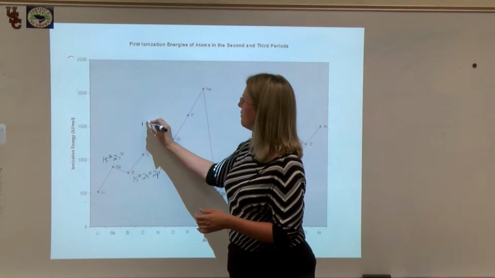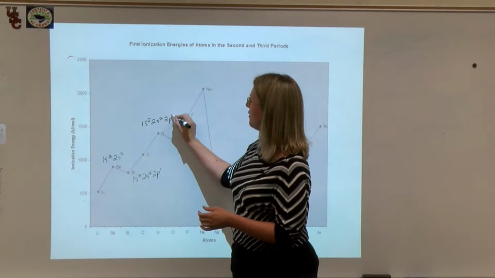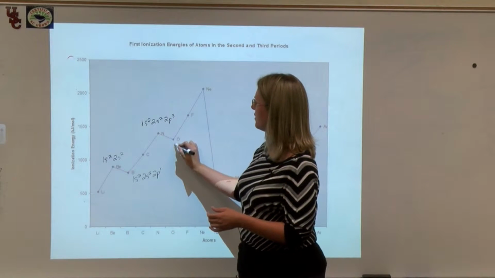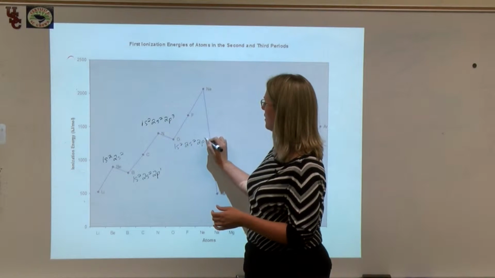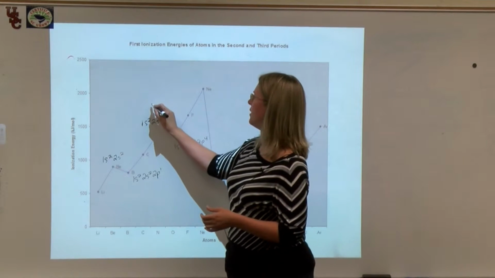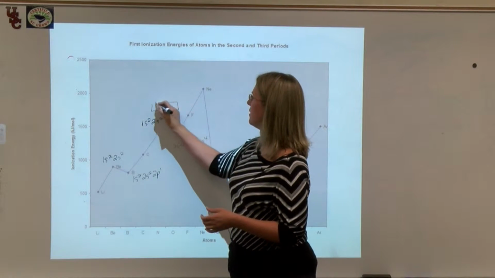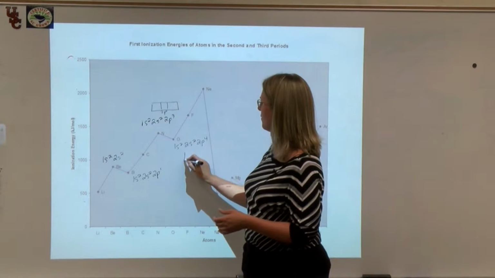So nitrogen would be 1s2, 2s2, 2p3. And then for oxygen it'd be 1s2, 2s2, 2p4. And so if we think about the orbital diagrams that we drew in the other lesson, I'm just going to look at our 2p electrons because those are the focus.